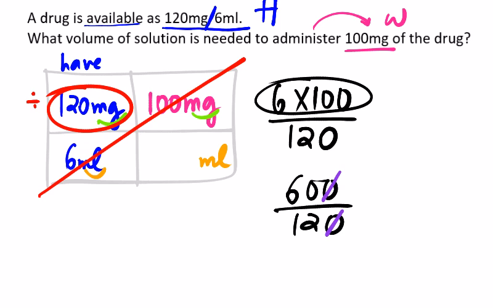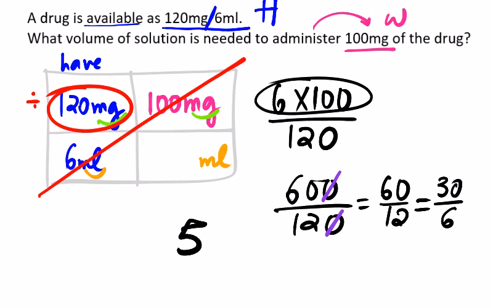And 120 goes down to 12. So you end up with 60 divided by 12. How many 12s into 60? Or you could halve it again if you wanted. Half of 60 is 30. Half of 12 is 6. How many 6s into 30? 5. So we can say final answer that we have here will be 5.